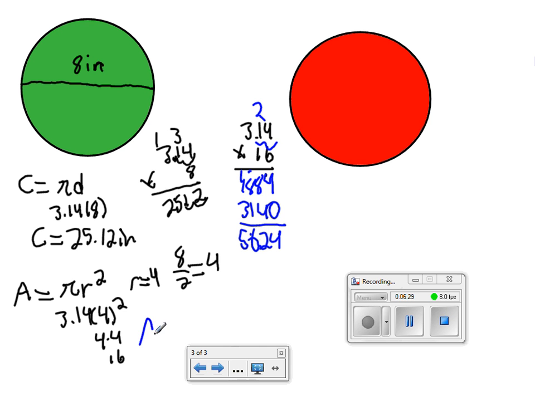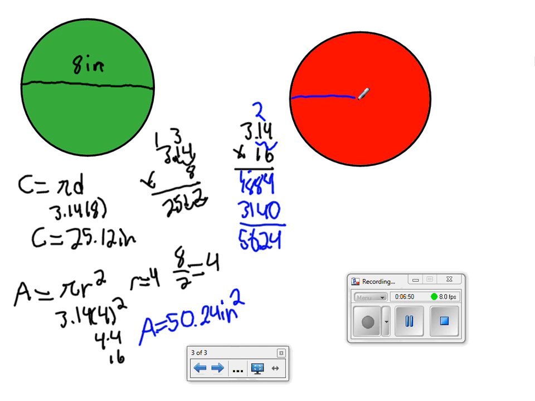Now, if you recall, the area is always squared because it's how many square units are inside the circle. So it's inches squared.